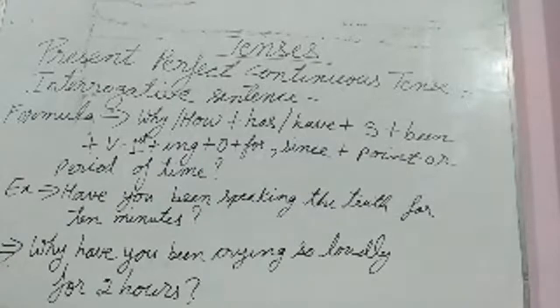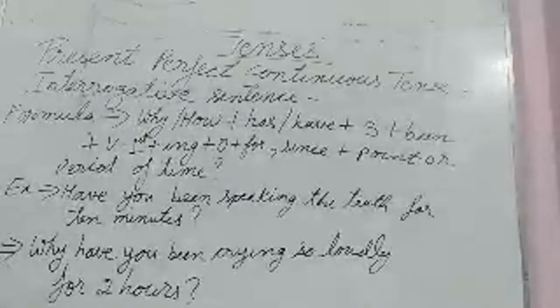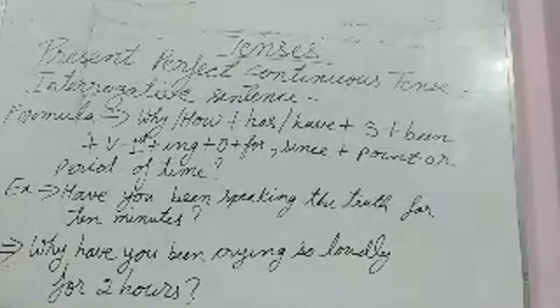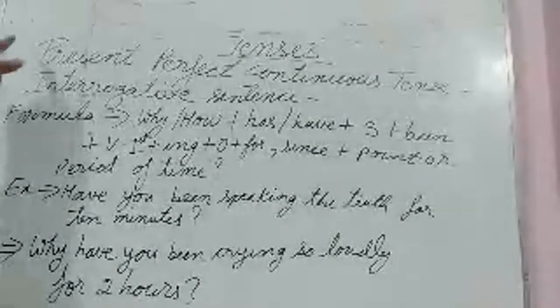Students, here we complete the present tense. Till here we have seen the present tense, with its four kinds, that is present indefinite tense, present continuous tense, present perfect tense, and present perfect continuous tense. We have seen in detail all the four types of tenses of present tense.